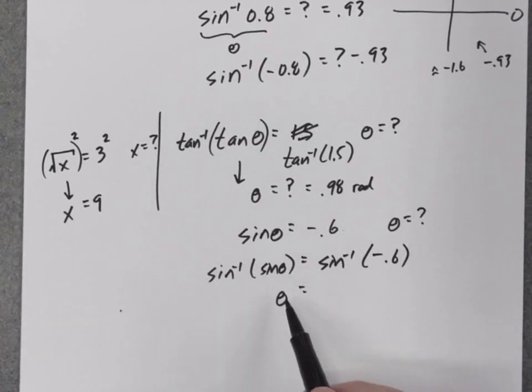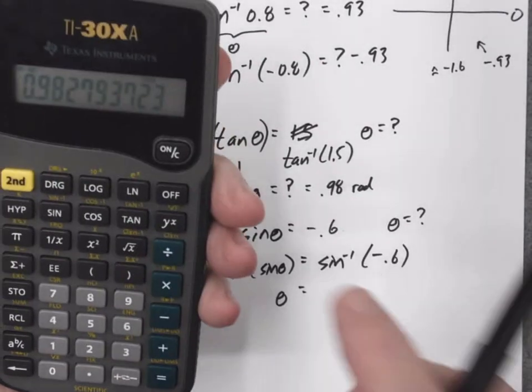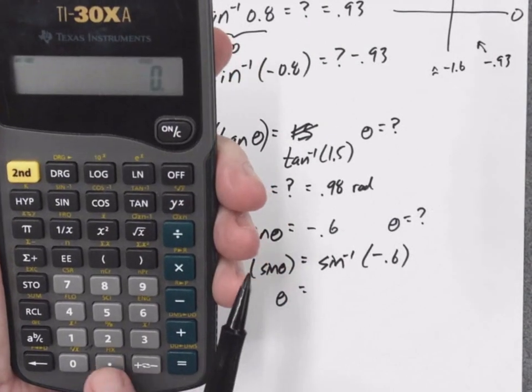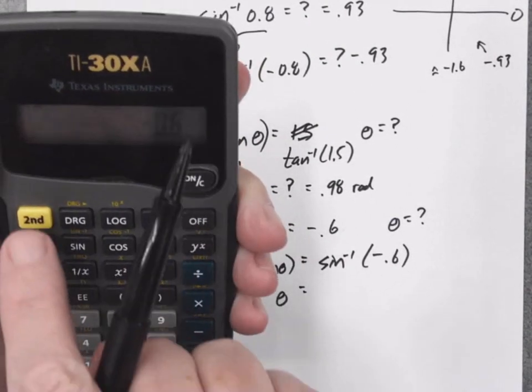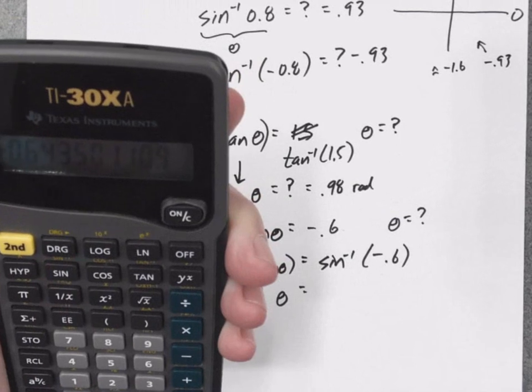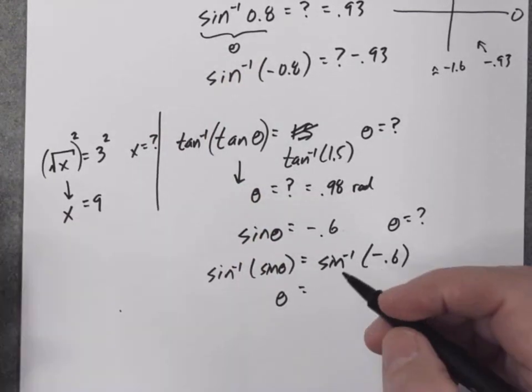The inverse sine of the sine is theta. So now the inverse sine of negative 0.6 is negative 0.64.